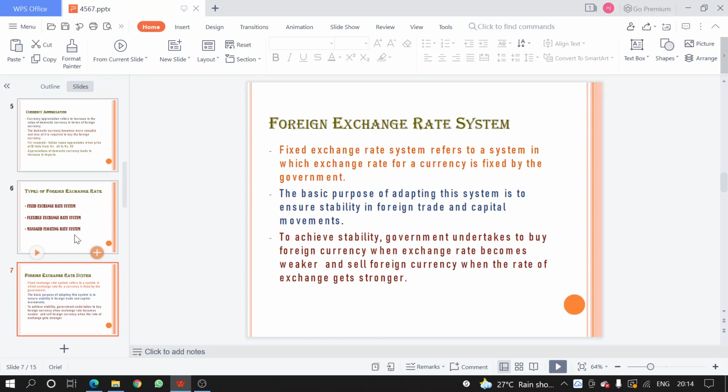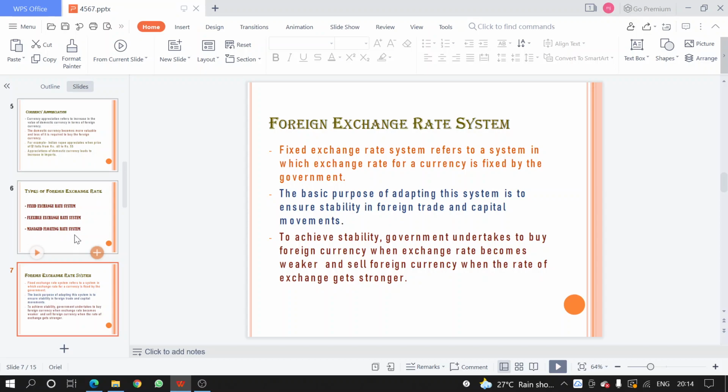Now, first of all, the fixed exchange rate system: you can simply learn that the fixed exchange rate is decided by the government. Fixed exchange rate system refers to a system in which the exchange rate of a currency is fixed by the government.